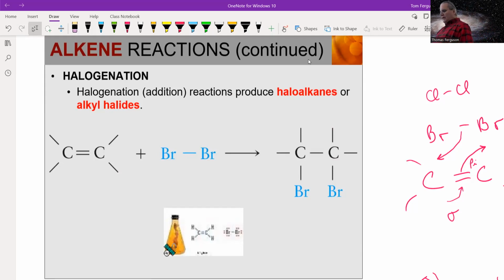Okay, so if we were going to add Br2 or say Cl2 across that double bond, it's going to convert that pi bond to a stable sigma bond and then add two halogens across that double bond.